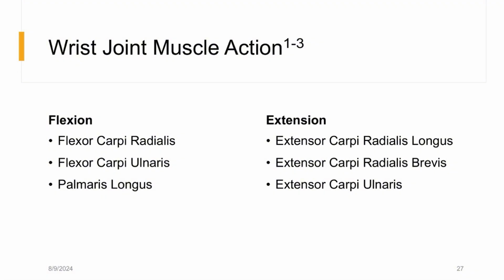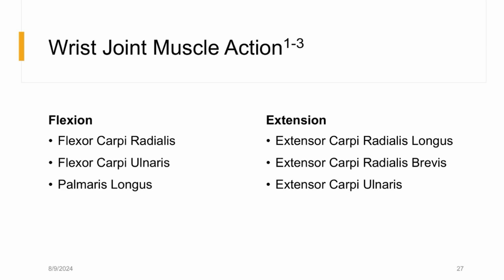All right. Now we're at the joint muscle actions. Knowing the muscle actions is foundational content. You must know the joint muscle actions as a PT. So with flexion, the muscles that act together to perform flexion are flexor carpi radialis, flexor carpi ulnaris, and palmaris longus. Not everyone has a palmaris longus muscle, some do.